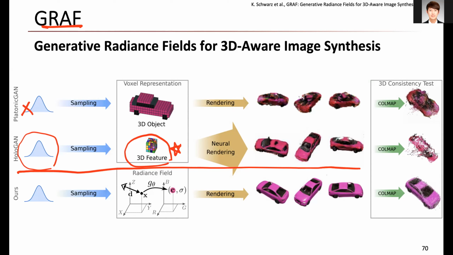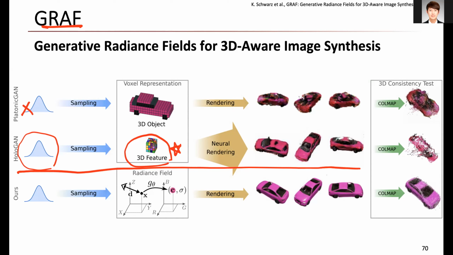This is due to complexity and memory, because this is a tensor representation. GRAF tries to overcome this limitation by using an implicit 3D representation, the neural radiance field, and renders very high quality images.